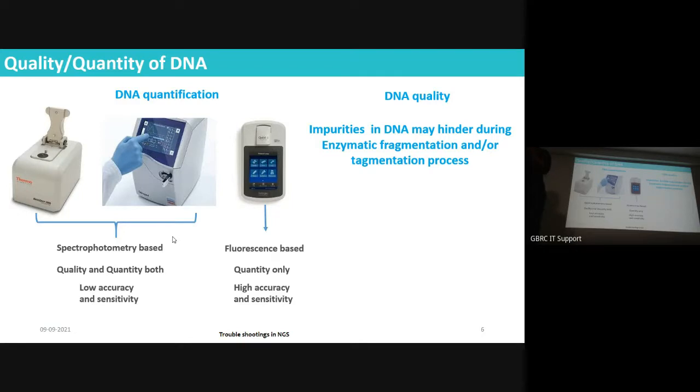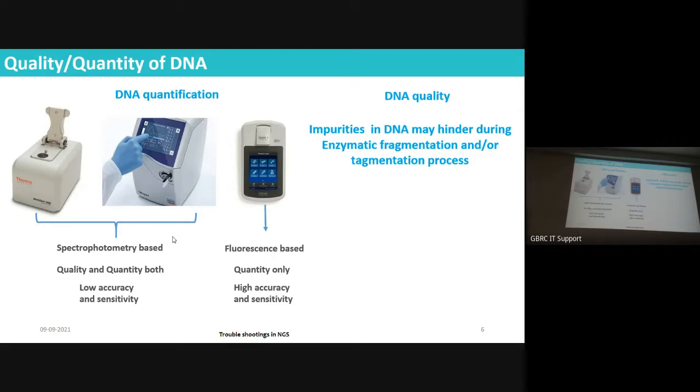You cannot differentiate whether it was a carryover contamination or your own DNA. For that, there are solutions like DNA Out, DNA Zap, RNA Out. There are certain chemicals which you need to regularly use in your PCR area as well as sequencing area cleanup to remove the carryover DNA contamination.